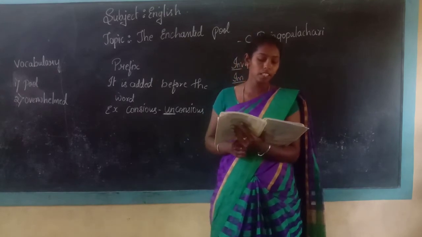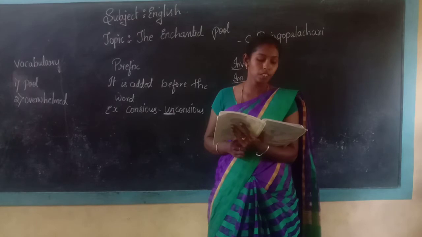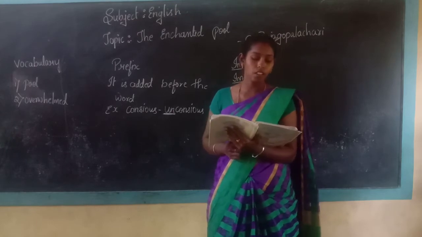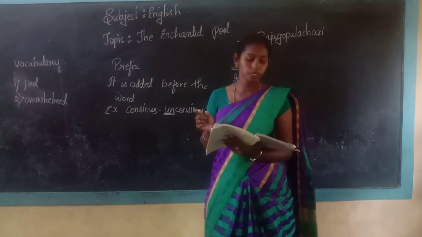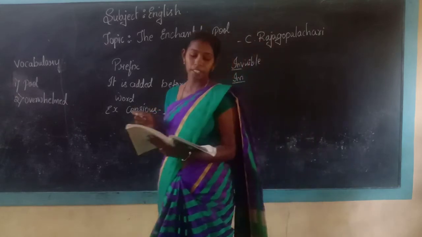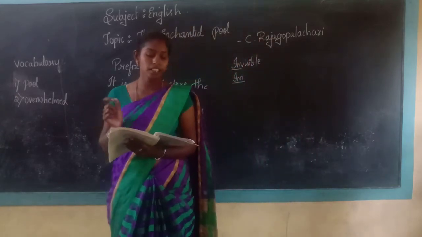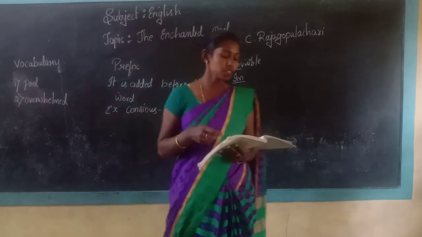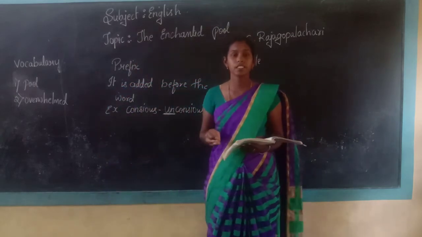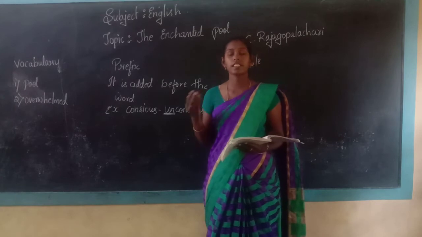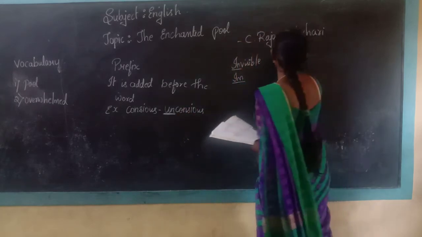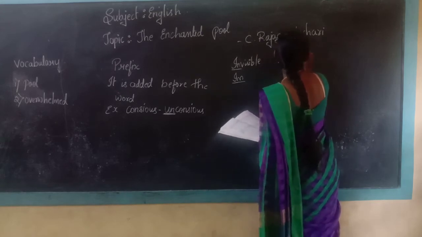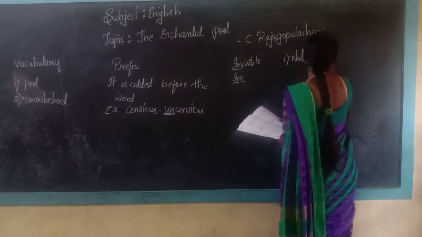Now replace the underlined words with appropriate words beginning with un, in or im. So there is a word given in the paragraph, and we have an underlined word. By adding the prefixes, you have to change it into opposite words. See, first one is not happy.